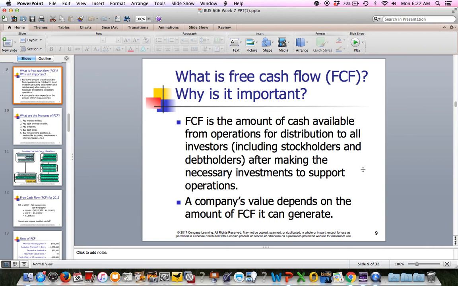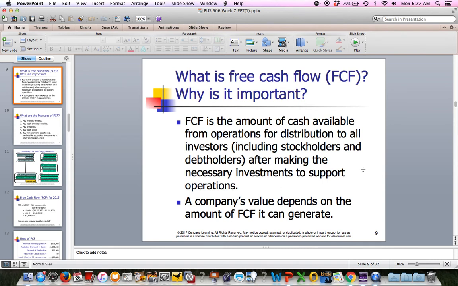So in GAAP, in accounting, if you can recall a few rules, you can earn a revenue without actually receiving the cash at the same time, and you can incur an expense without having paid the cash at the same time. So it's more focused on the process of when we earn a revenue and when we incur an expense. That's really the main goal.